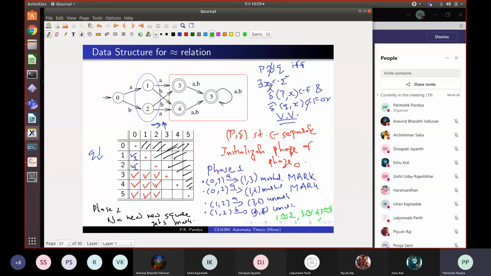The definition of P being separated from Q is that there exists some string in sigma star which will separate the two states. Now you cannot enumerate all possible strings and check whether each is separating the two states. So here was a systematic way of exploring which pairs can be separated in a finite way. This is what was special about it. So it's not really brute force. Brute force would require you to consider every possible string in sigma star and check where P and Q take you. So this is a little smarter than that.